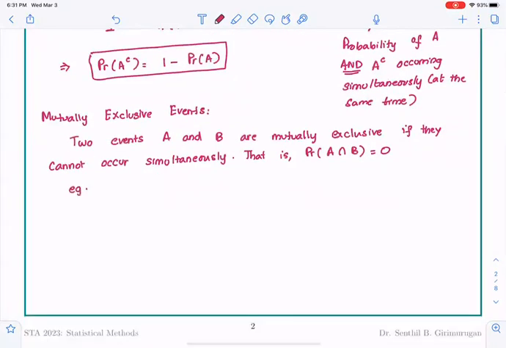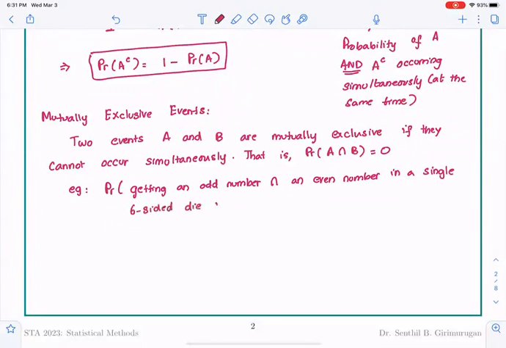As an example, the probability of getting an odd number and an even number in a single six-sided die roll.